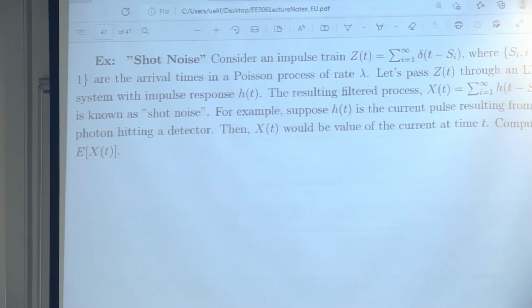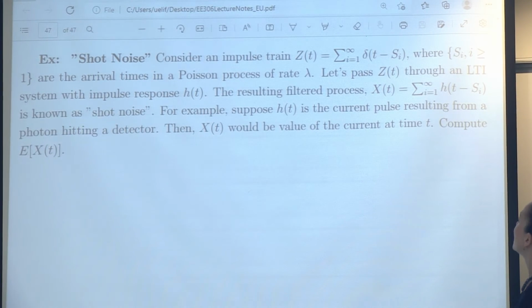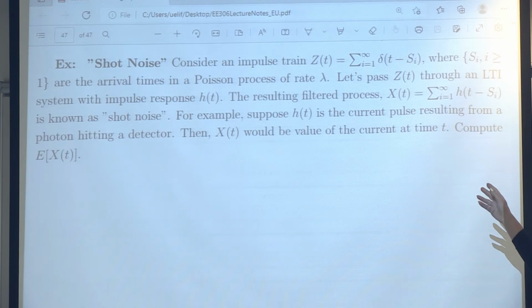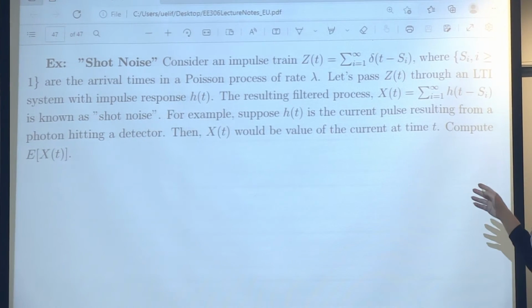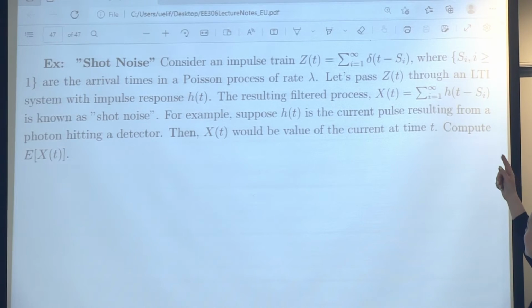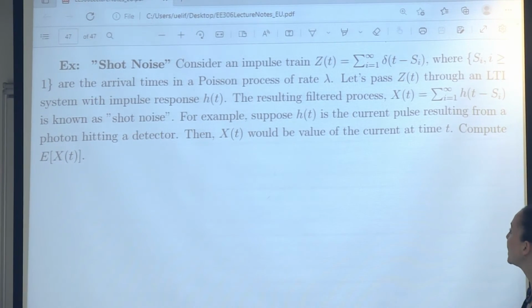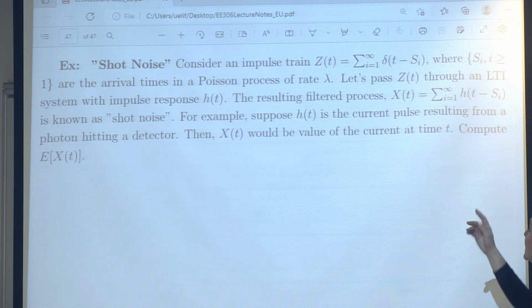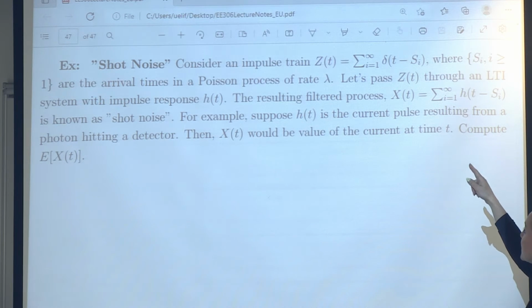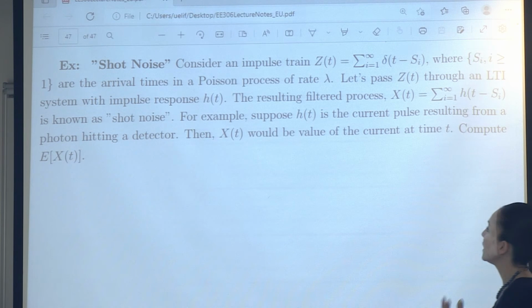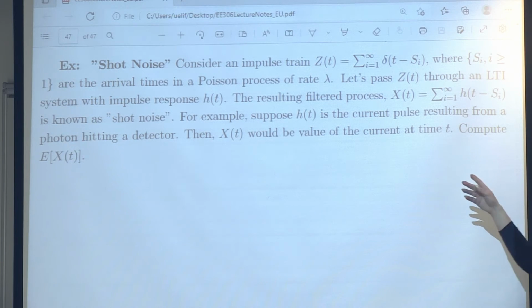Consider an impulse train, a sequence of impulses occurring at random times. The times of the impulses are arrival times in a Poisson process of rate lambda. Let's pass this impulse train through a linear time invariant system with an impulse response h of t. The resulting filtered process is x of t, and this is known as shot noise.